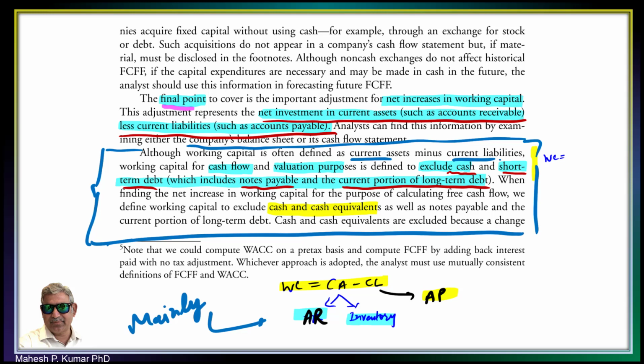From liabilities we exclude short-term debts like notes payable and the current portion of long-term debt. So these items are excluded while calculating working capital for the purposes of valuation. So essentially current assets would now be accounts receivable as well as inventory, and in current liabilities we will be mostly dealing with accounts payable, because we have excluded cash and cash equivalents from current assets, and things like notes payable from liabilities.